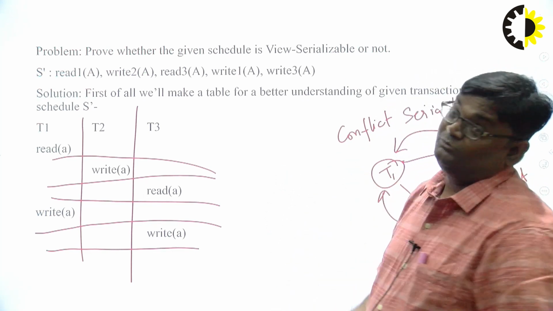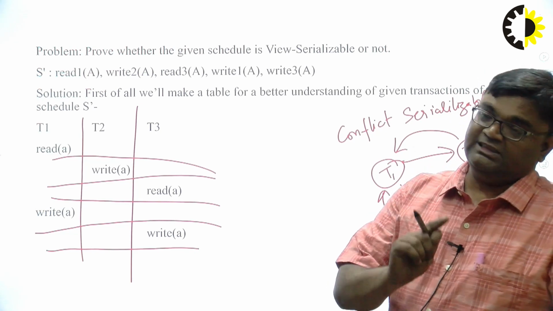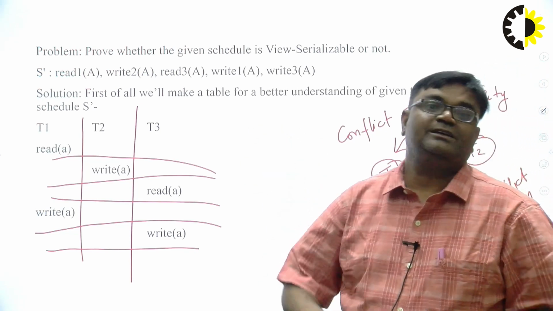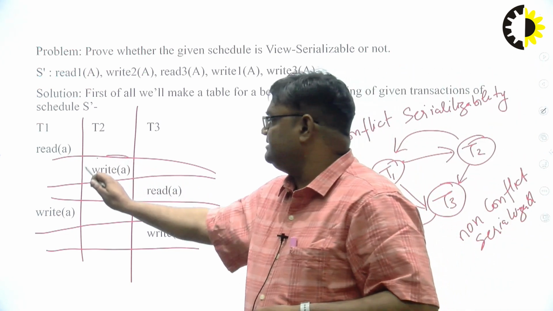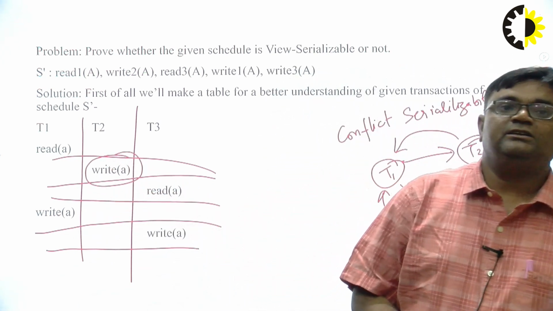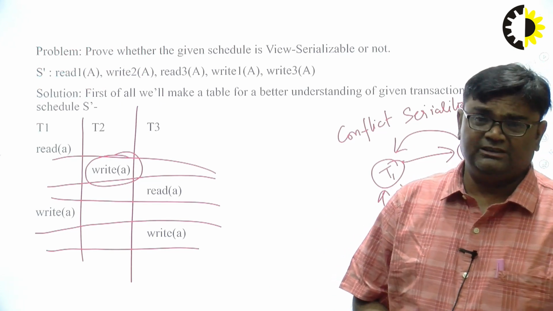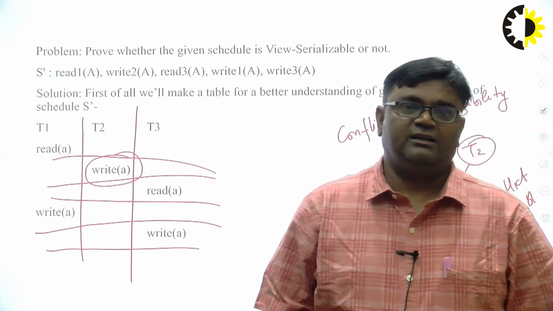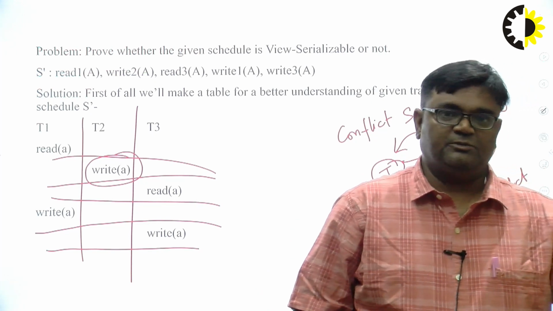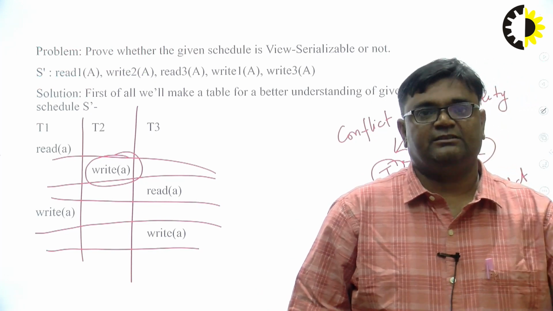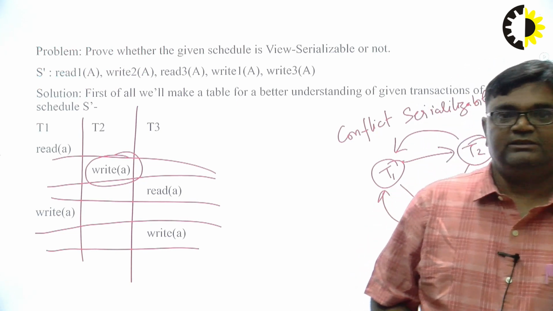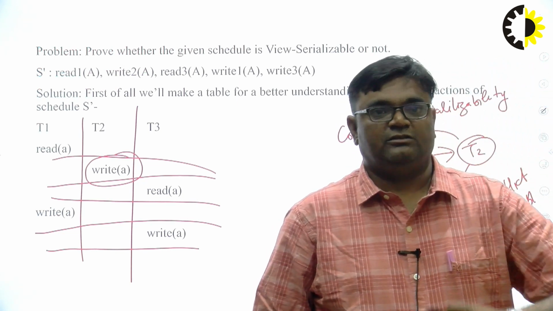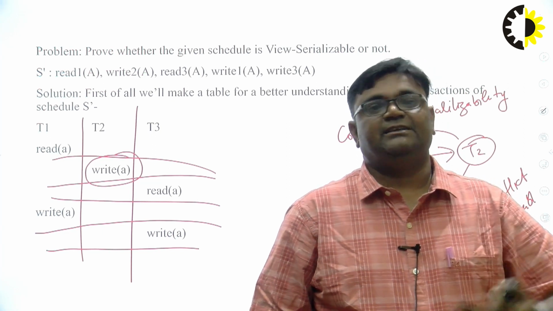To check for view serializability, we first have to check whether this schedule contains a blind write. We can clearly say that there is a blind write. Blind write means it is not reading something; without reading anything from the previous transaction, it is writing by itself. It's only writing the data item without reading that data item.